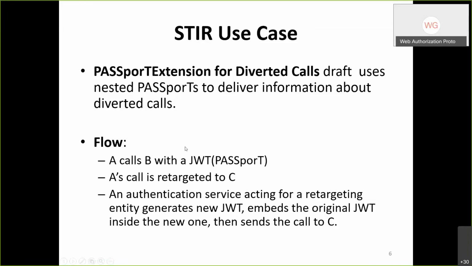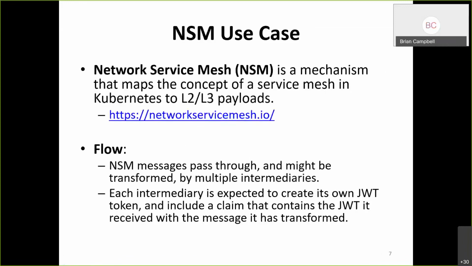Okay, thank you. So the third use case is that somebody from the open source project called the Network Service Mesh is working on a project that's similar to that, trying to emulate what Service Mesh is doing, but for layer 2 and layer 3. If you're familiar with Istio, they're trying to do something like Istio, but for lower layers.